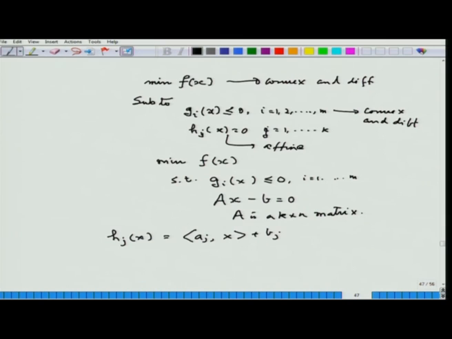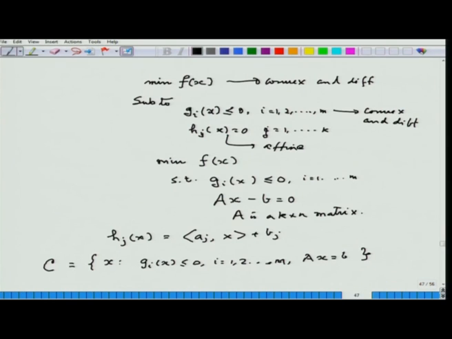They would form a vector b. Now, this is how I can write my C.